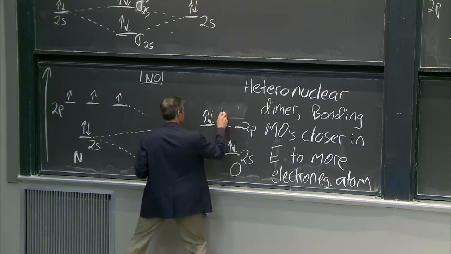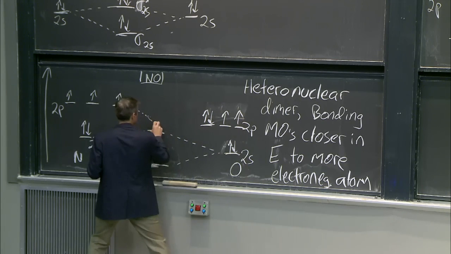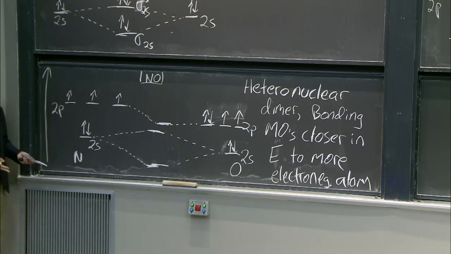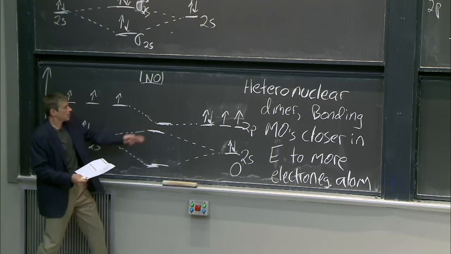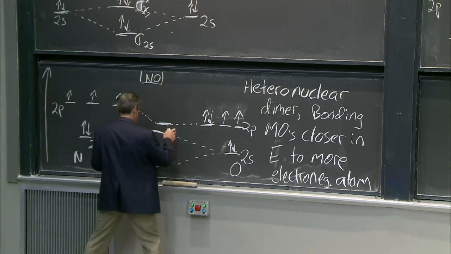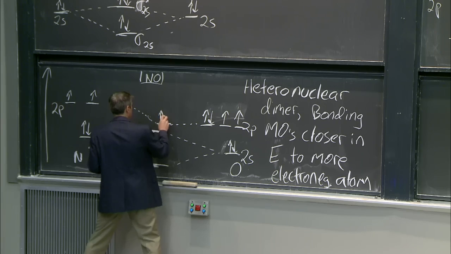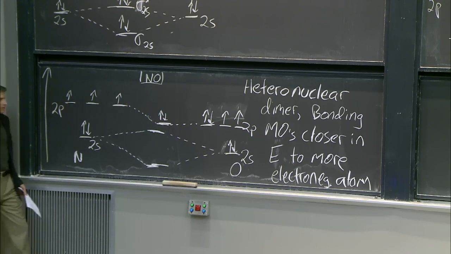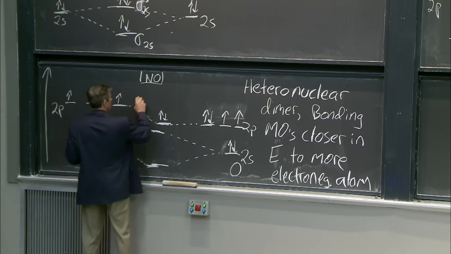So now when you draw them, you see that the bonding orbital is going to be closer. This is a bonding orbital still. It's going to be a sigma 2p, but it's closer in energy to the more electronegative levels. So it's not symmetric anymore.